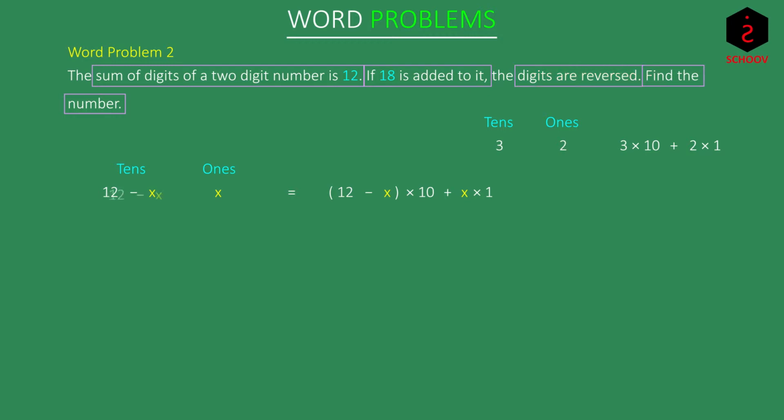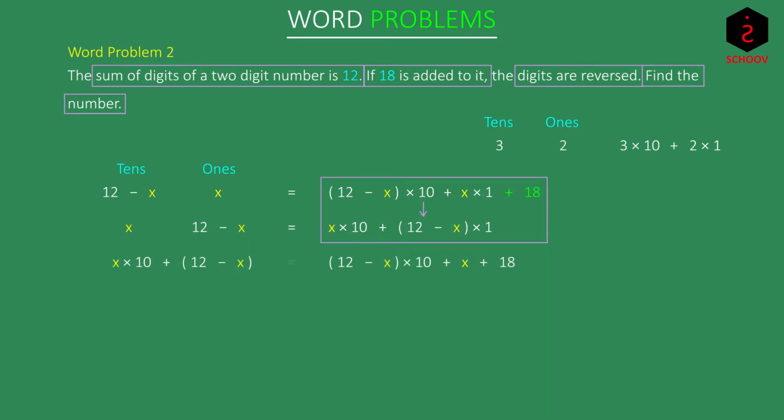So simply reverse the digits. With reversed digits, the number becomes x into 10 plus 12 minus x into 1. And if we add 18 to the original number, we get this new number. So these two numbers are equal.